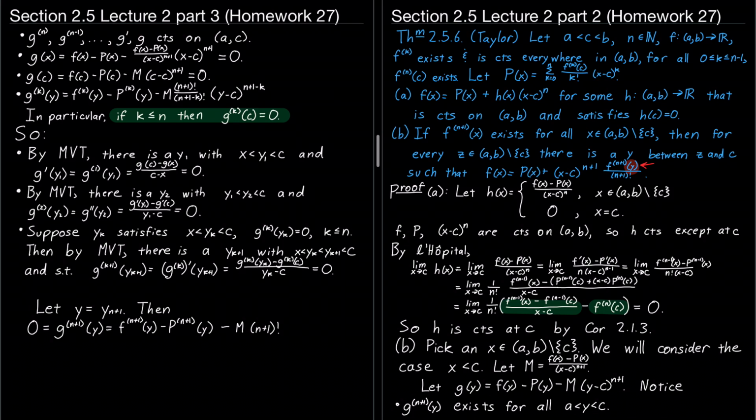And so that's true. But remember, p is a polynomial of degree at most n, so we only go up to y to the n. So if we take n plus 1 derivatives, it's like taking a derivative of a constant, or two derivatives of a linear function, we get 0. So we can write this out without the p.